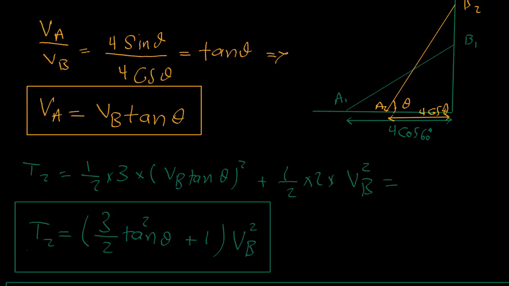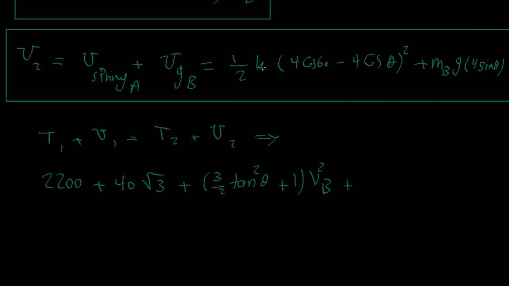So this would be 300 over 2, that's 150. 150 times 4 cosine 60. We can bring 4 out, so that would be 16. So I can write down here times 16 times, this is cosine 60, which is 1 over 2, minus cosine theta squared.